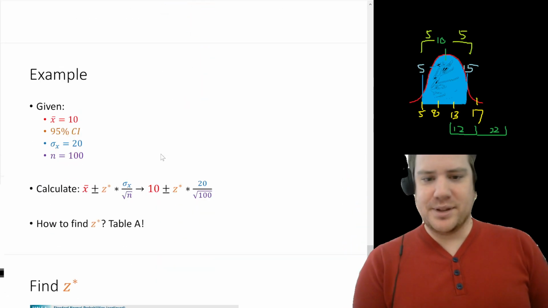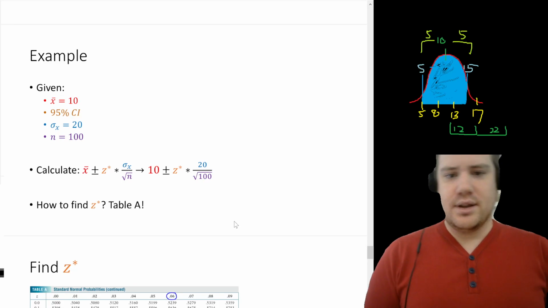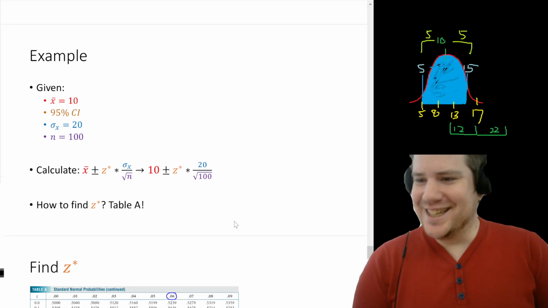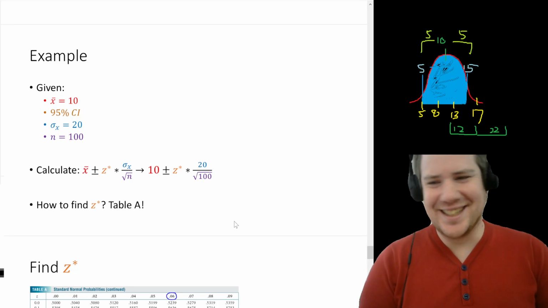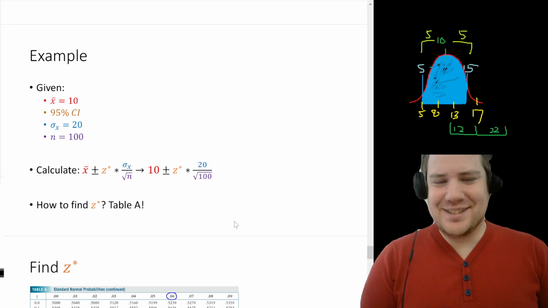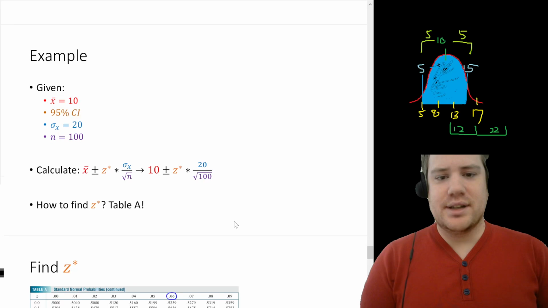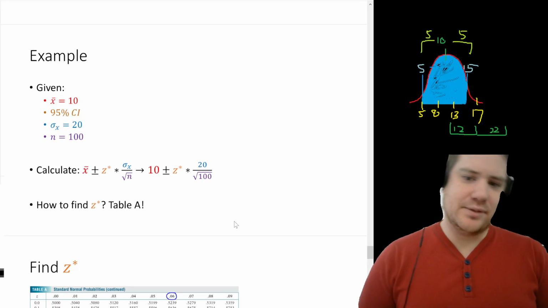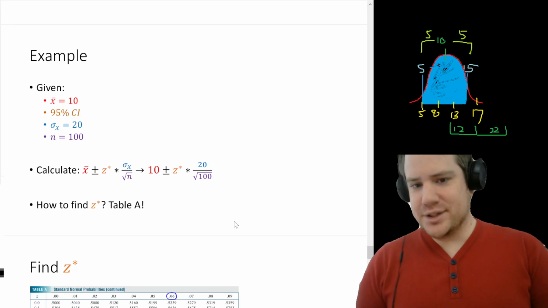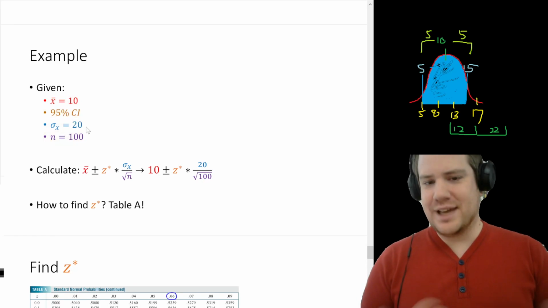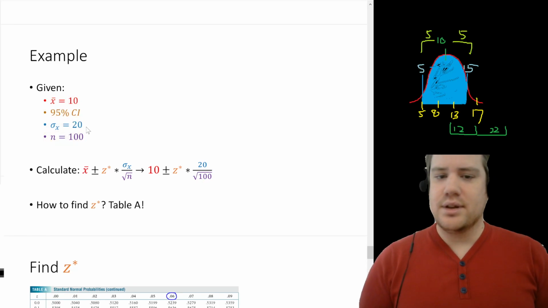Let's have an example with this. Let's say the sample mean is 10. It's actually a coincidence; I didn't think about that consciously. And let's say we're interested in a 95% confidence interval, a standard deviation of 20, and a sample size of 100. Most of this information you can fill in directly. This is also what you would get in a question.